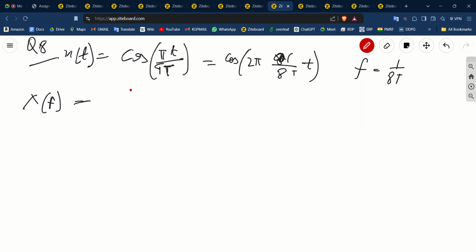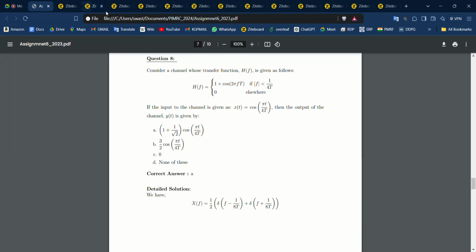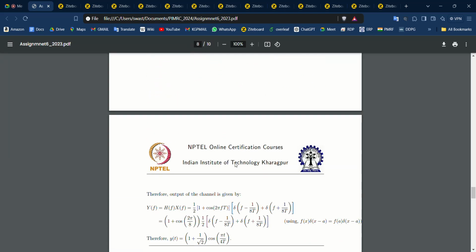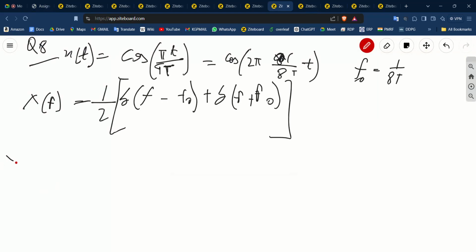X(f) will be 1 by 2 of delta(f minus f naught) plus delta(f plus f naught), where f naught is 1 by 8T, and H(f) is given as 1 plus cos 2 pi f t. Therefore, Y(f) will be X(f) into H(f).